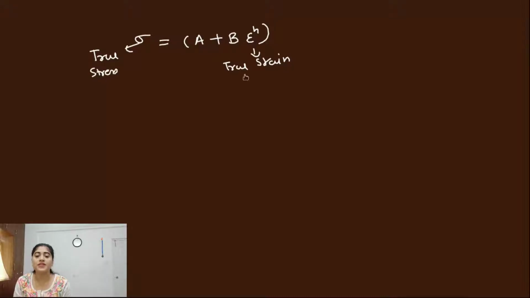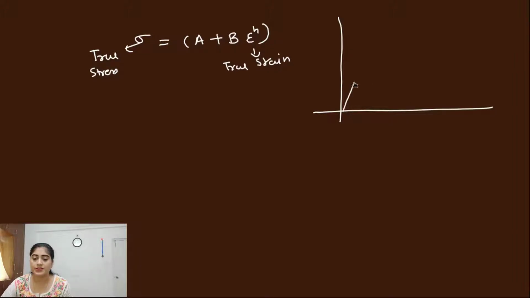This graph I will find through the quasi-static process at very low strain rate. Suppose you are using a UTM machine and you find this type of graph at low strain rate, which keeps on increasing. Your y-axis is true stress and your x-axis is true strain.